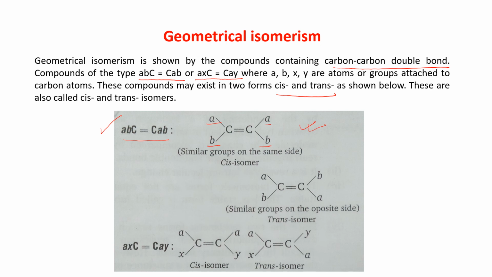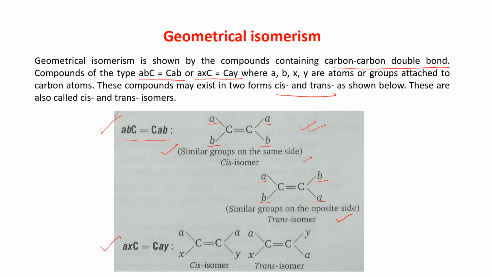If similar groups are on the same side of the carbon atom, that is known as the cis isomer. And if the similar groups are on the opposite side, then they are known as the trans isomer. You can see here similar groups on the same side, that is cis isomer, and similar groups on the opposite side, that is trans isomer.